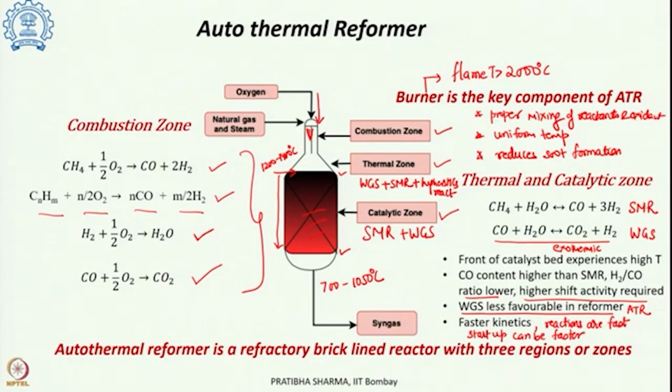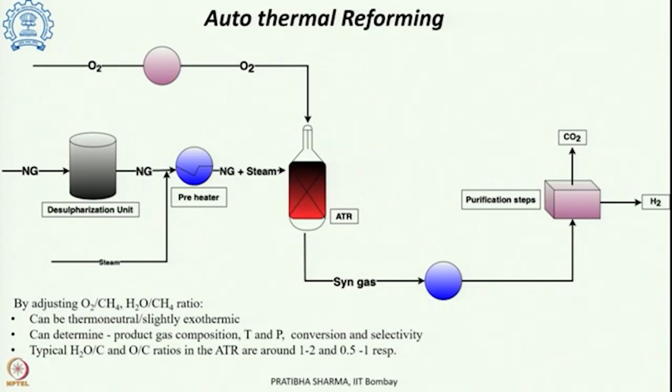The entire reformer, since it has to sustain very high temperature and pressure conditions, is made up of a refractory brick lined reactor. Now, let us look at the complete process of autothermal reformation.